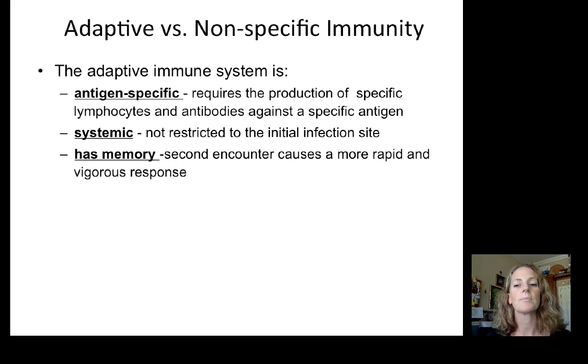So this requires the production of specific lymphocytes, B cells and T cells, and specific antibodies against an antigen. It is systemic, so it's not restricted to the initial infection site the way that inflammation is, and it has memory. A second encounter with a pathogen that has the antigen as its component causes a more rapid and vigorous response.